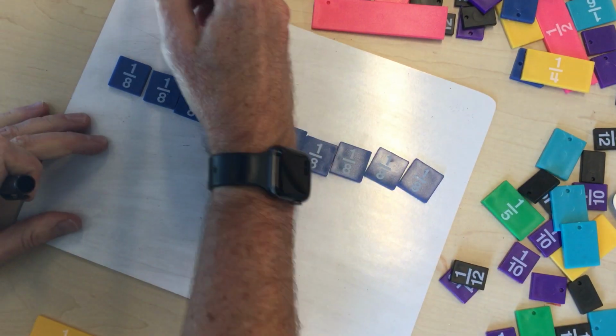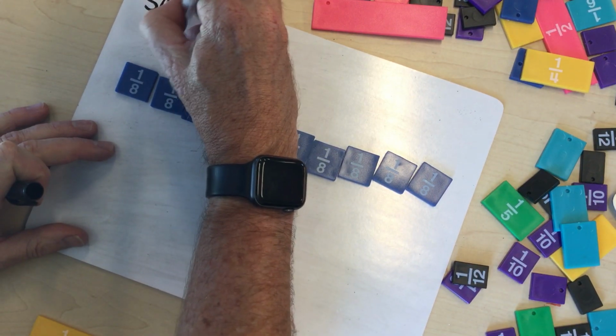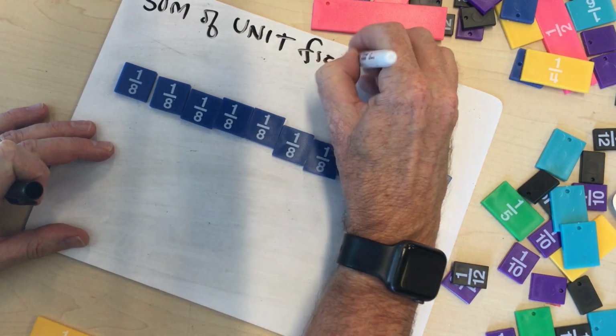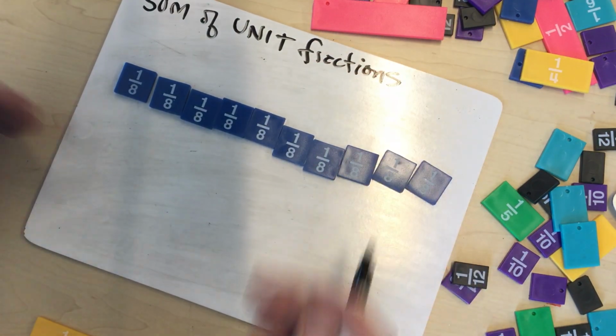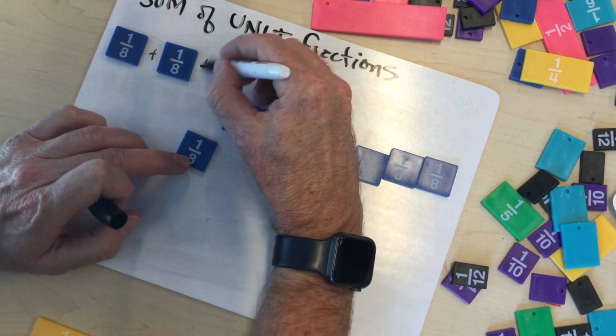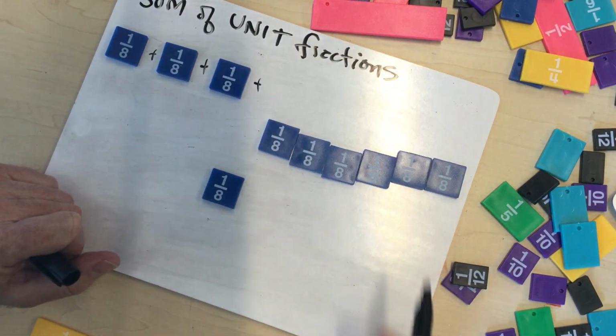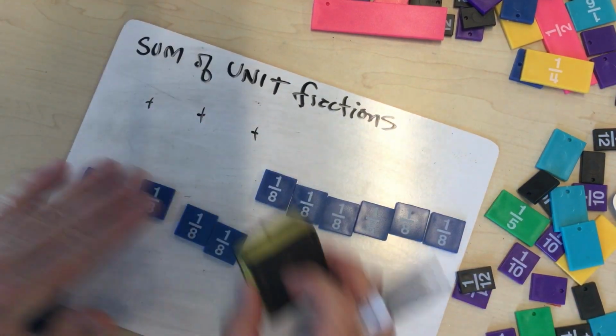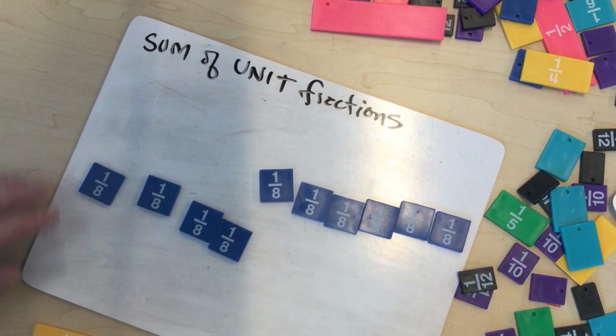So remember, the first one is sum of unit fractions. If you have these fraction tiles, you could be clever and lazy and do this, but you might not have that in every part of your life, unless you're at school.